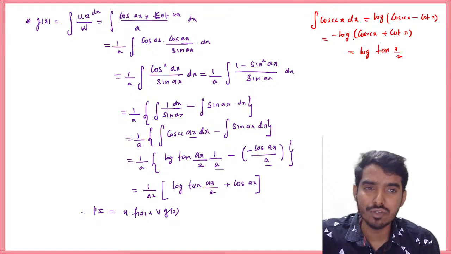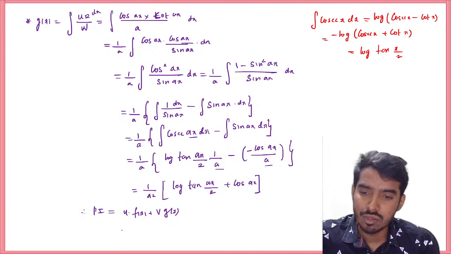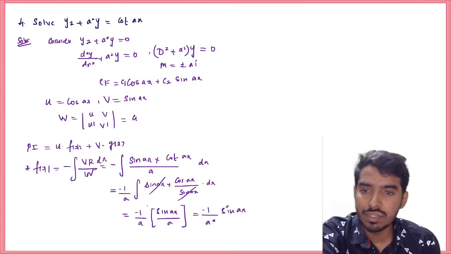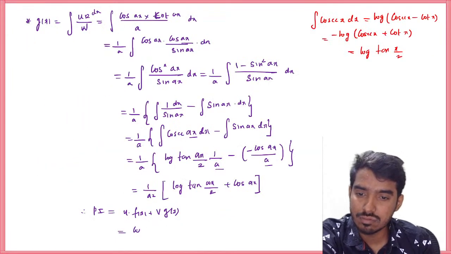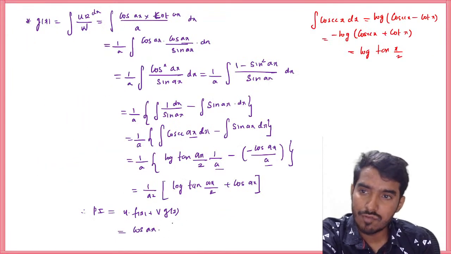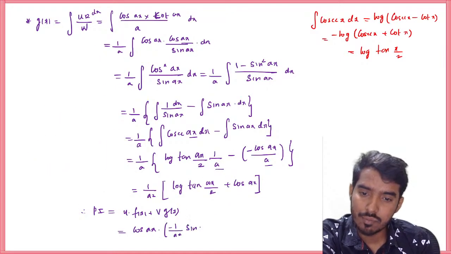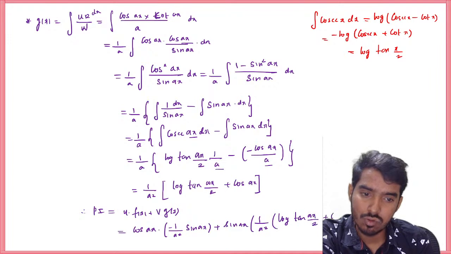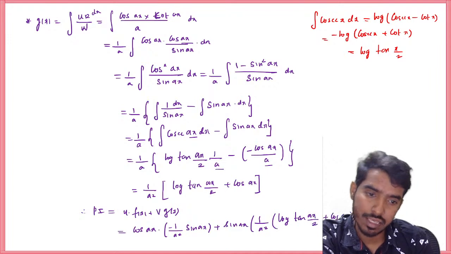So u into f of x: u is cos ax, f of x is minus 1 by a square sin ax. v is sin ax, g of x is this entire term, 1 by a square log of tan ax by 2 plus cos ax.